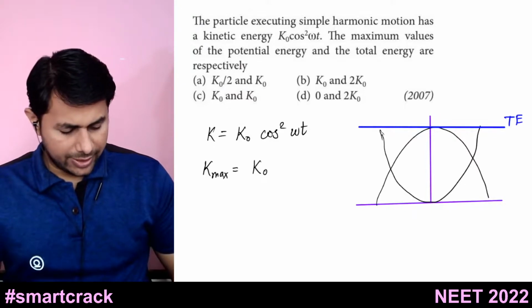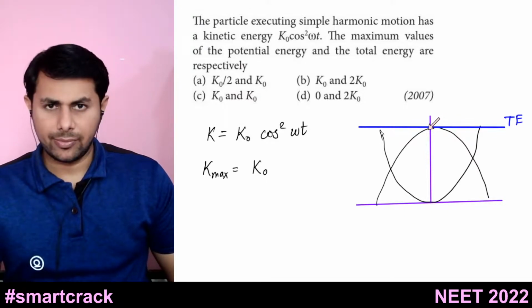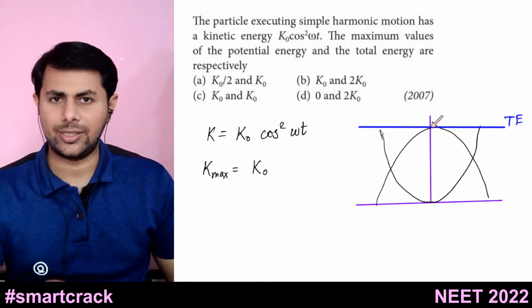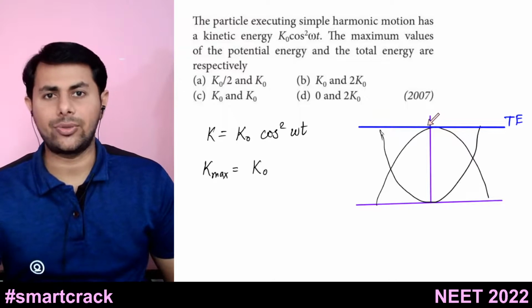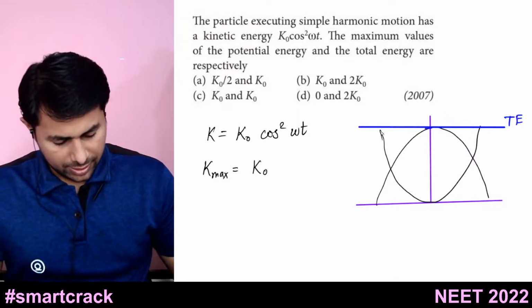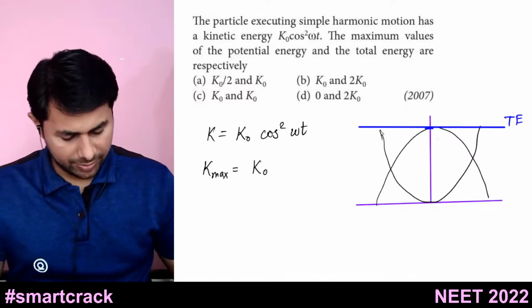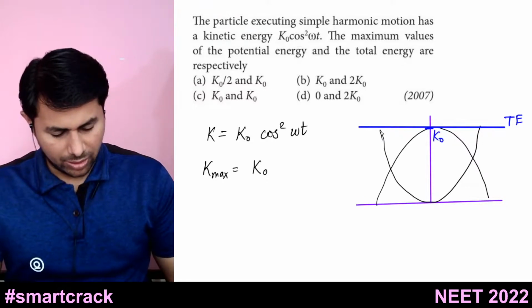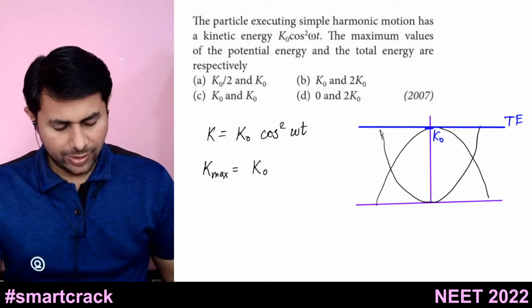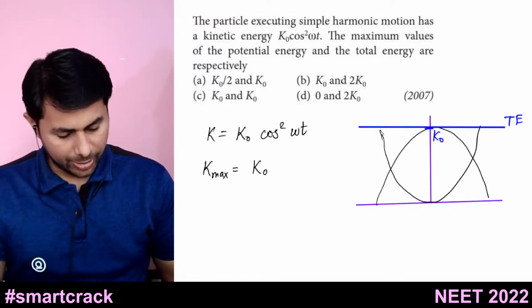See, at this point the kinetic energy is maximum and potential energy is 0. So the maximum value of kinetic energy is equal to what? The total energy. So at this point the kinetic energy is maximum, its value is K naught. So how much is the total energy for this one? It's K naught. And how much is the maximum value of potential energy?